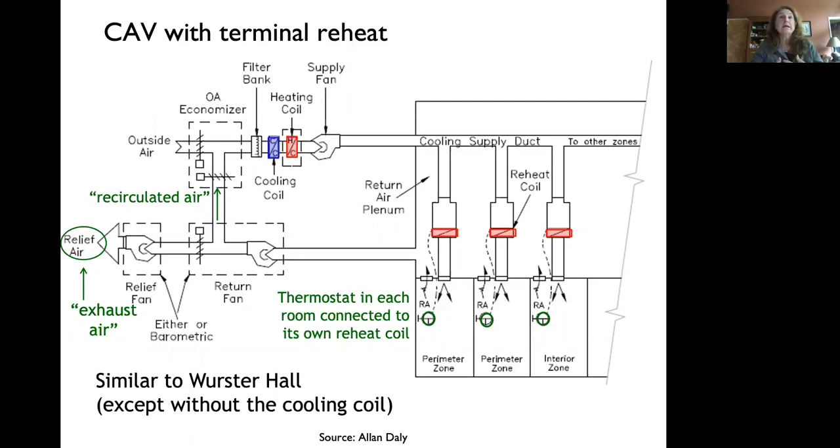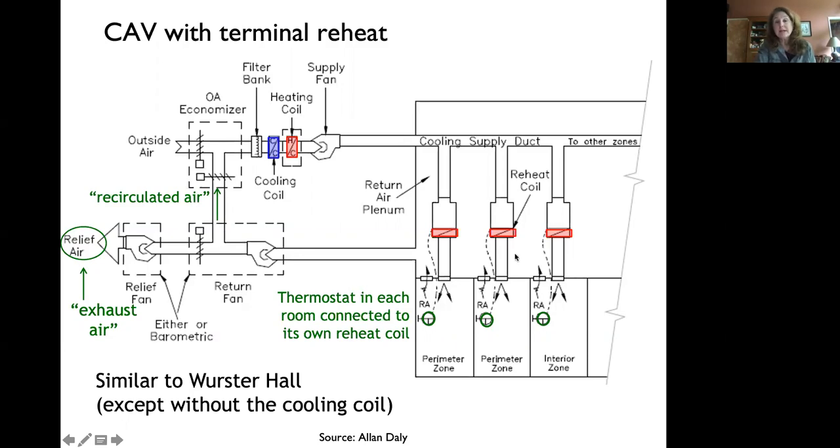So the idea here, let's imagine a cooling system. You're figuring out which room needs the most cooling. And you're cooling down here at the cooling coil. You're cooling down the temperature of the air to what the room with the biggest cooling need is going to have. And then you supply that air through the cooling supply duct to room 1, 2, 3.